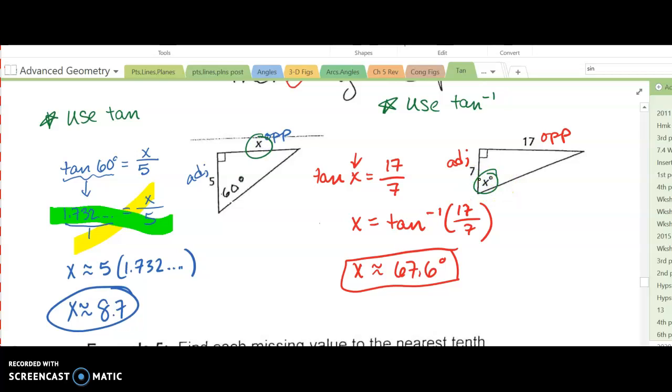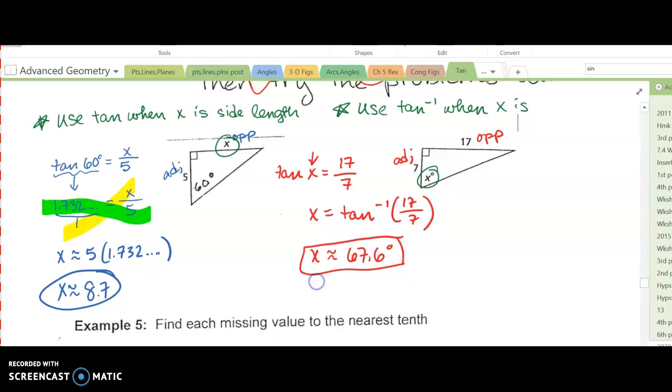We're going to use tan when x is a side length of your triangle. And we're going to use tan inverse when x is an angle, right? This is very important to know, the difference of when to use tan and when to use tan inverse.